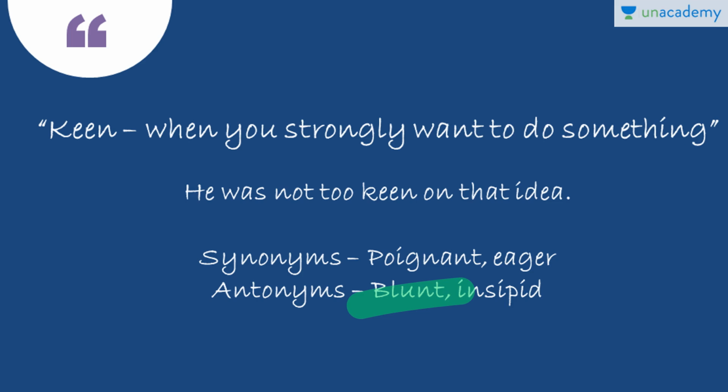So earlier the desire was more than enough to do that thing, but now the desire is not that enough. Okay, so this is how we use blunt. And then we have insipid. So when I'm saying insipid, you are lacking in interest in doing something. So earlier you were having a strong desire to do something, but now you are lacking in interest in doing that. So this is how you can use insipid as an antonym for keen.